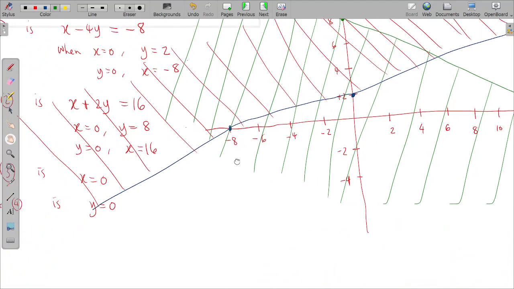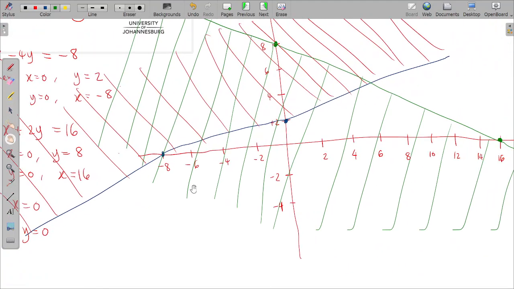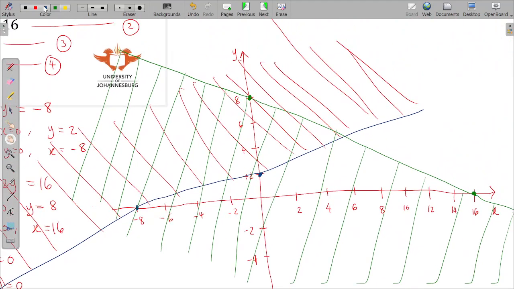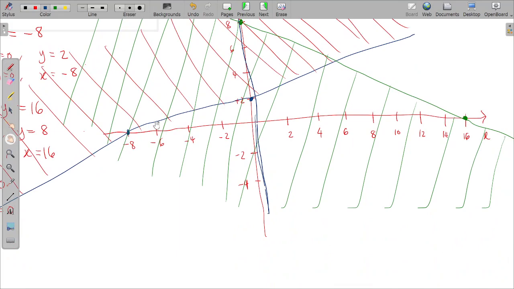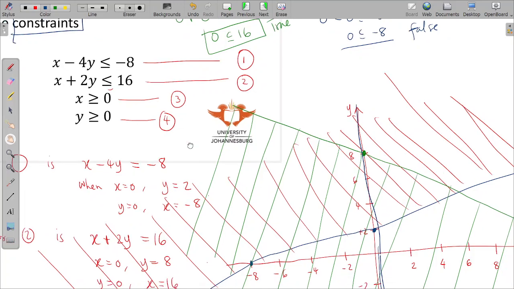Okay, the next one is for us to find the graph, the line of x equals to 0. What is the line of x equals to 0? It is this line. So I need to shade because the inequality says x must be greater than 0.